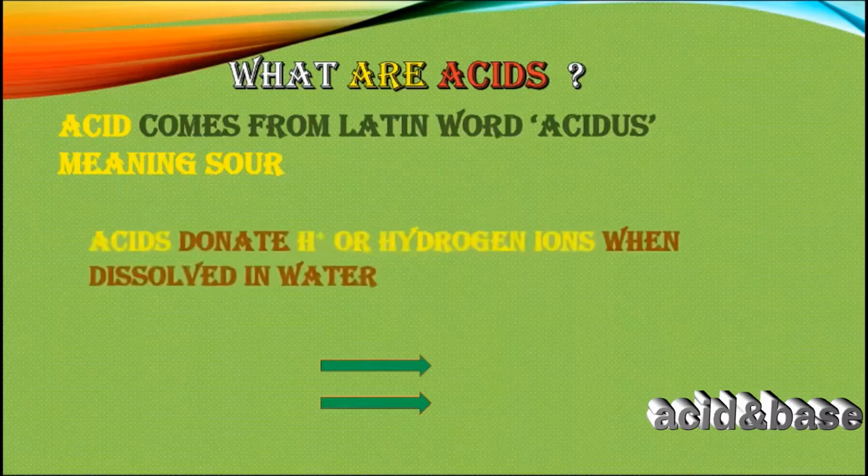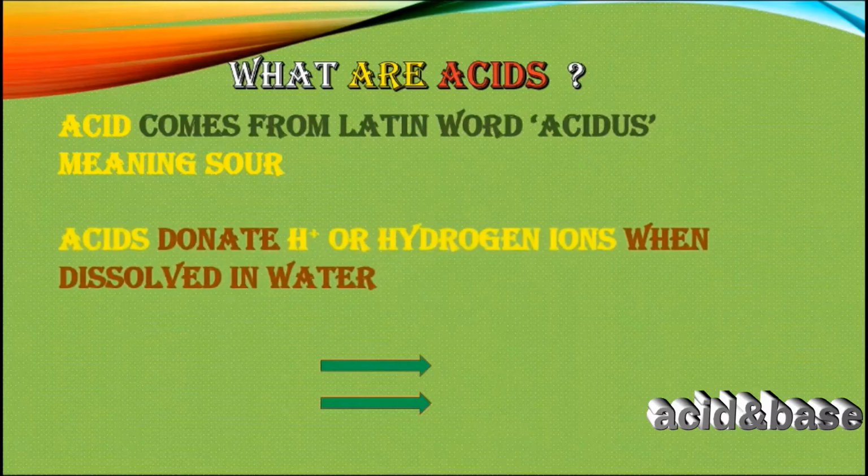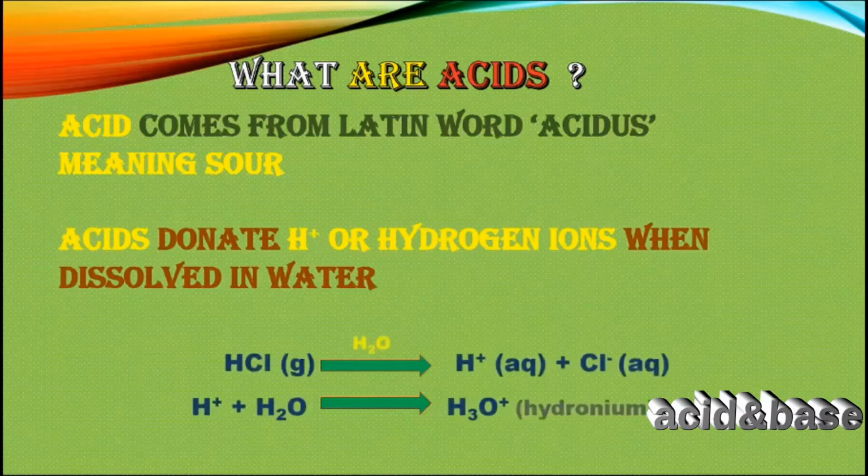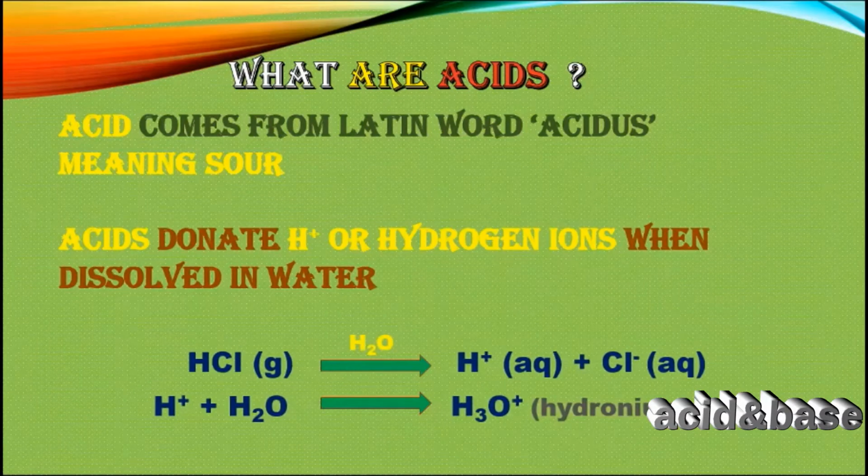Acids donate hydrogen ions, or H+ ions, when dissolved in water. For example, we have here HCl gas. When it is dissolved in water, it dissociates into hydrogen ions and chloride ions. Later, these hydrogen ions combine with water to give H3O+ ions, or hydronium ions.